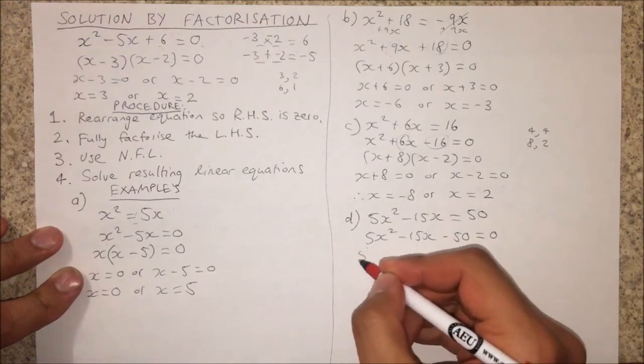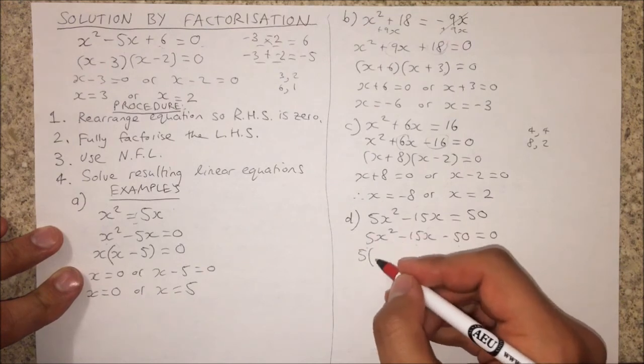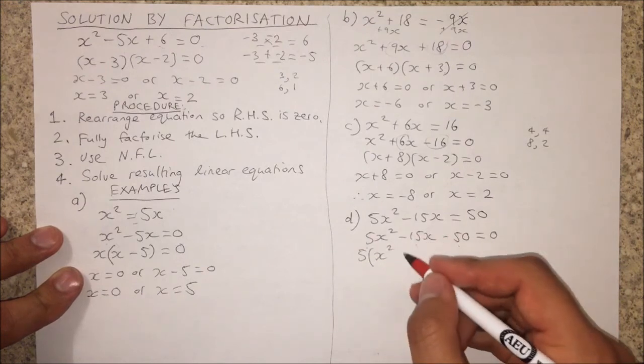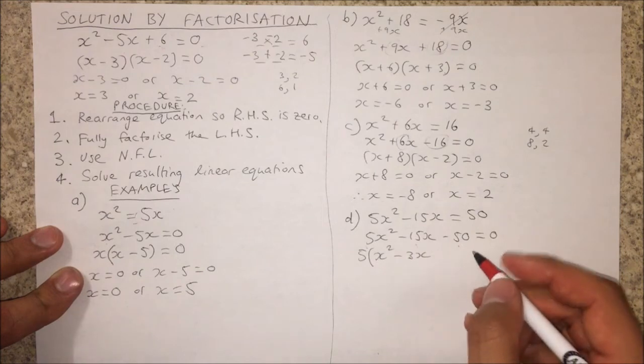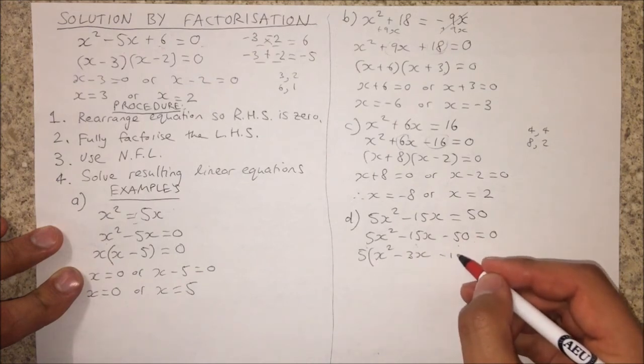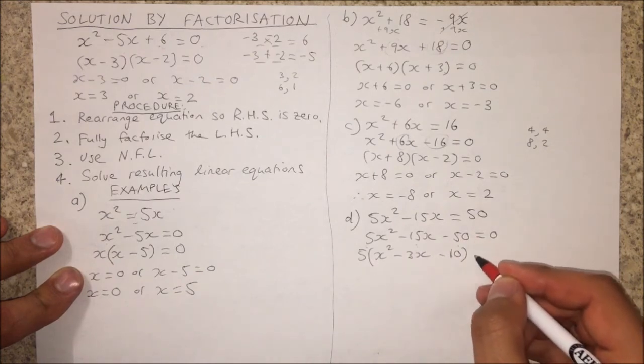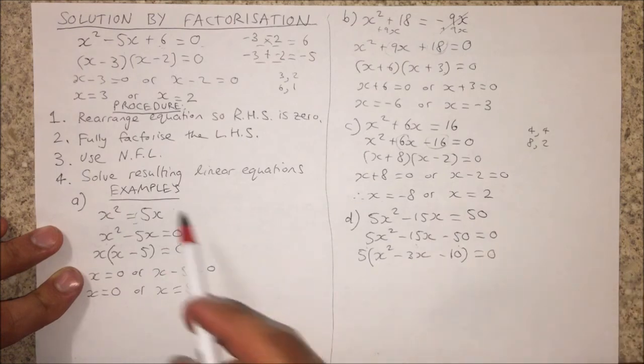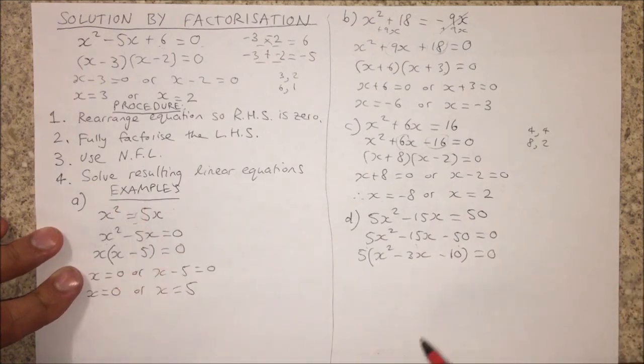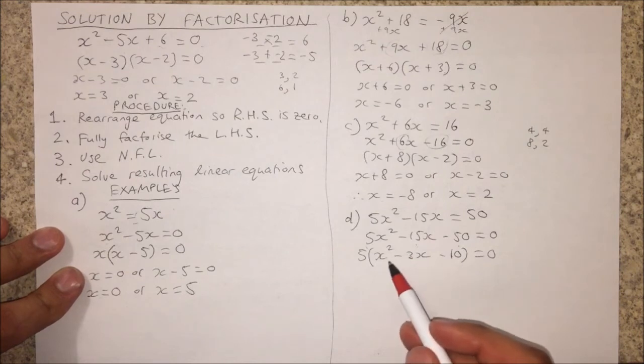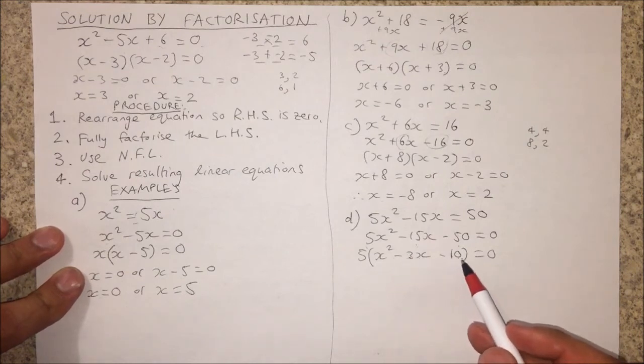So if we take 5 out the front, we're going to have 5 lots of x squared, take 3 lots of x, take 10 equals 0. So we haven't fully factorized it actually, sorry. So now we've got x squared take 3x, take 10.